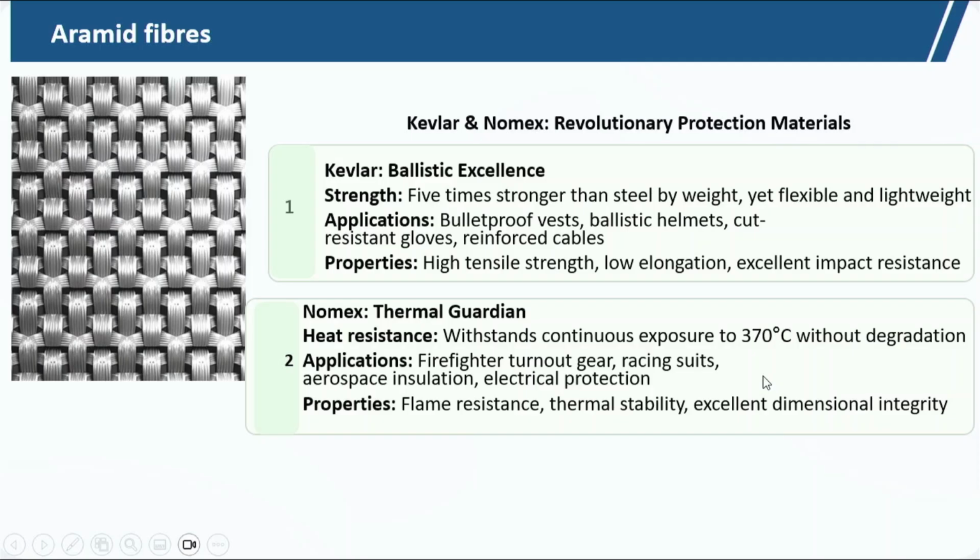That is important. Many fibers are there with high melting point, but they degrade fast. So, this is very important. The applications are for firefighter gear, okay. So, aerospace applications. So, this type of fibers are used and highly flame resistant, thermal stability, okay, dimensional stability is there, integrity is there.